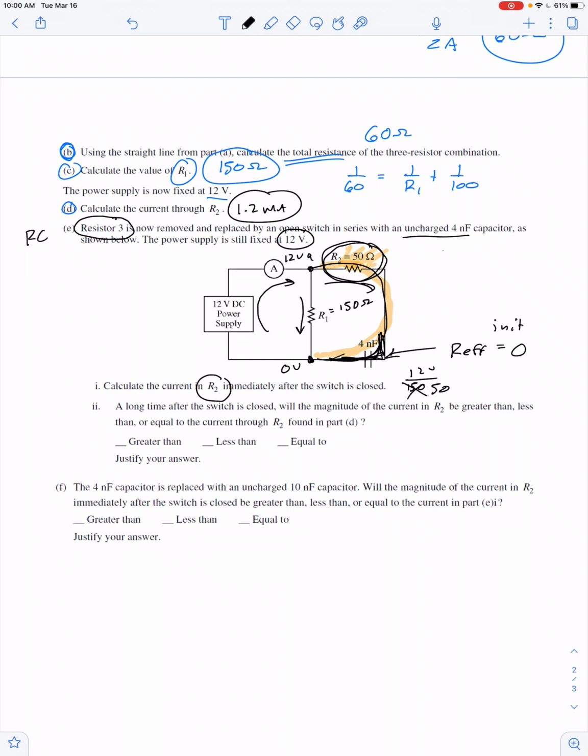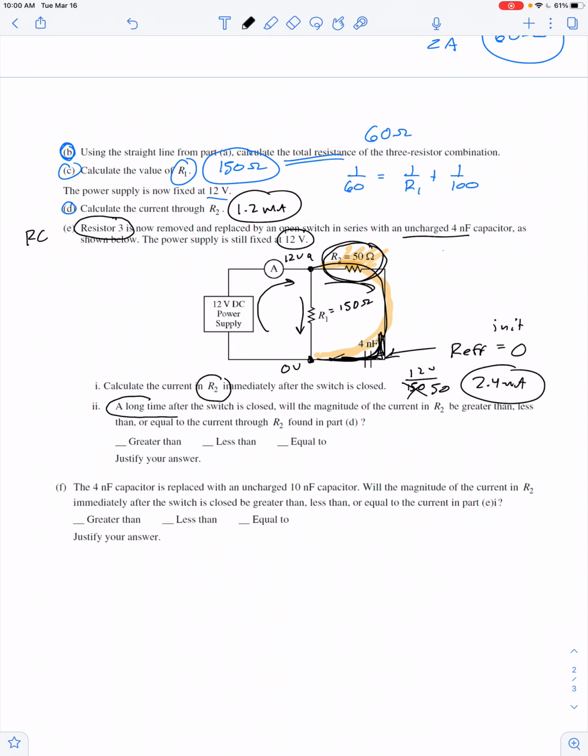So if I divide 12 volts by 50 ohms, what do we get? I shouldn't need a calculator for this. We get 2.4 milliamps.